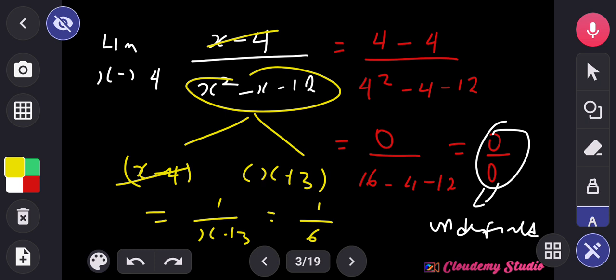But the truth is that we can actually solve this one without the need of quadratic equation at all.